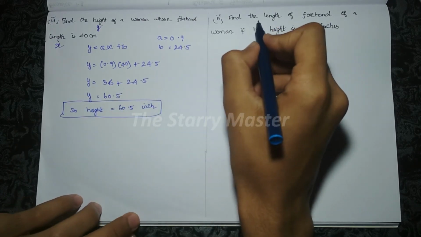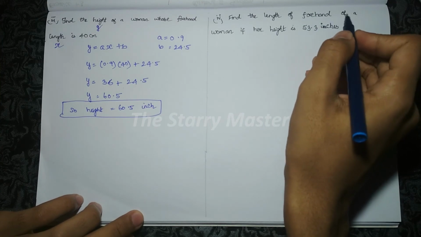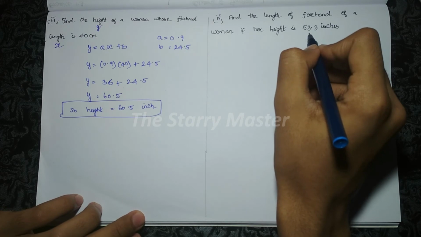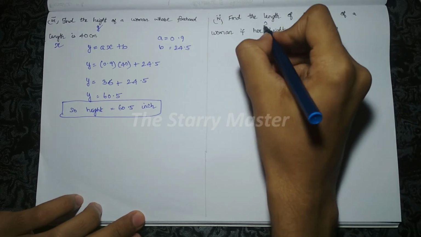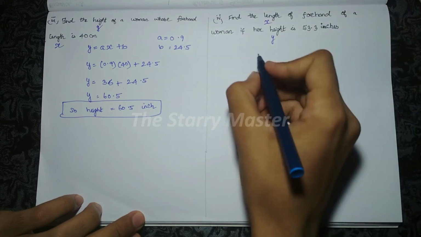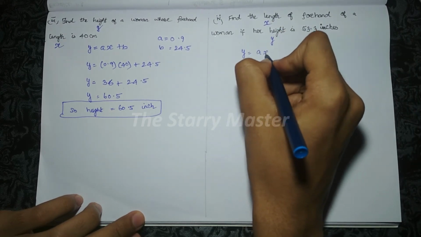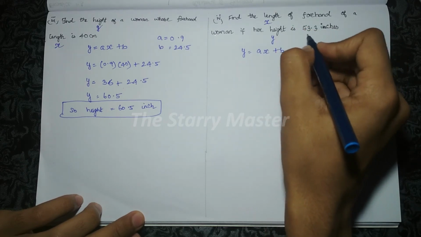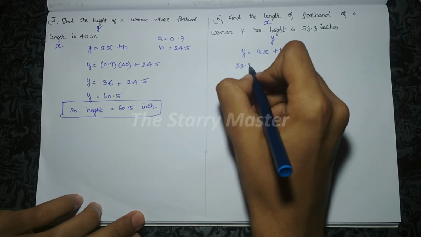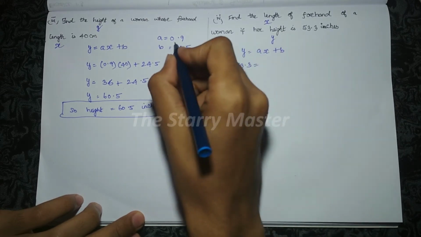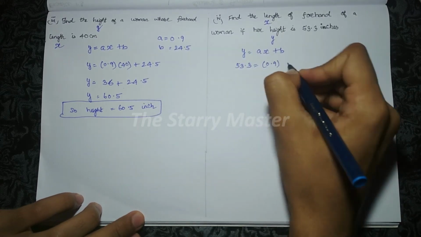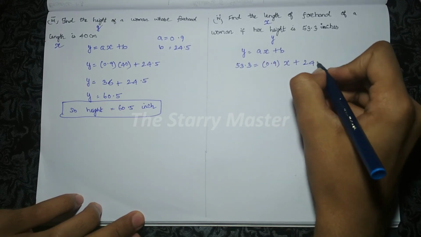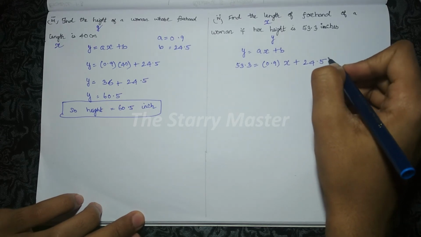Here we are asked, find the length of the forehead of a woman if her height is 53.3 inches. So we have to find x, y is given. We know y equal to ax plus b, so substitute in that. The value of y is 53.3, the value of a we already know is 0.9, the value of x we have to find, plus the value of b, 24.5.